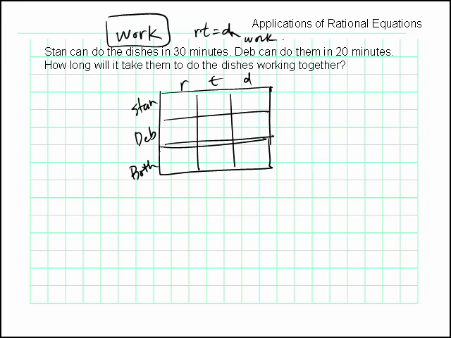Stan can do the dishes in 30 minutes, so the time there is 30. Deb can do them in 20 minutes, so that's 20. And the time if they both work together, that's what we're looking for, so that's my variable t. So t is time working together.